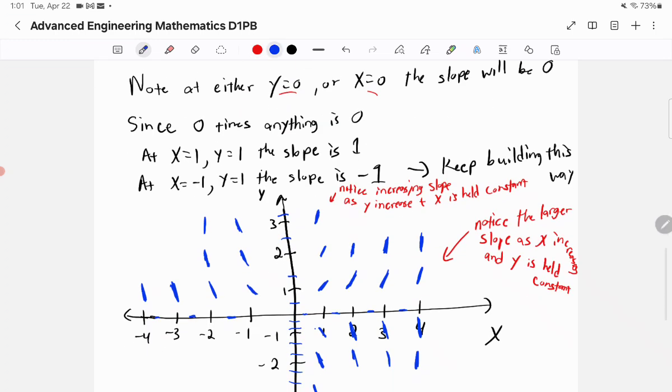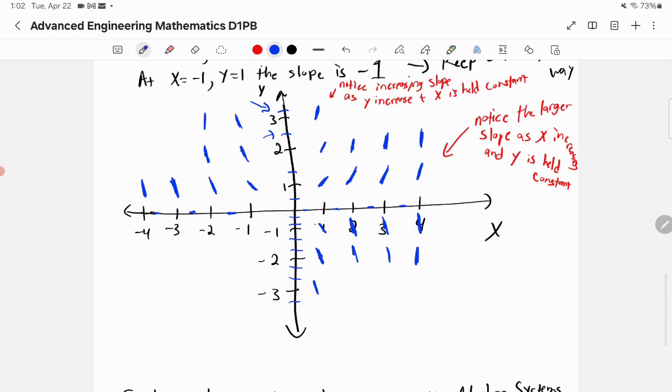Notice here, I'm drawing the vector field, and notice that these little blue lines, those tick marks, are the slope at x equal to 0 as I go up and down this curve here.